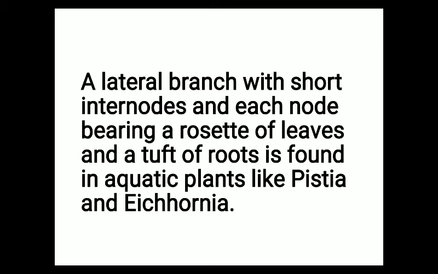Another modification of stem, a lateral branch with short internodes and each node bearing a rosette of leaves and a tuft of roots, is found in aquatic plants like Pistia and Eichhornia. So in Pistia and Eichhornia, the stem is modified and grows laterally.